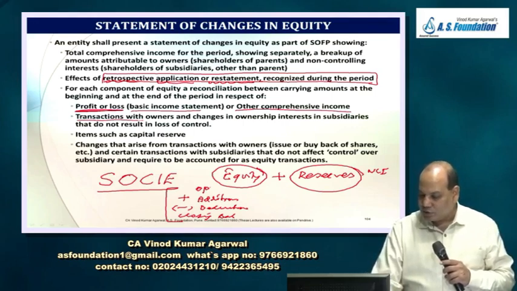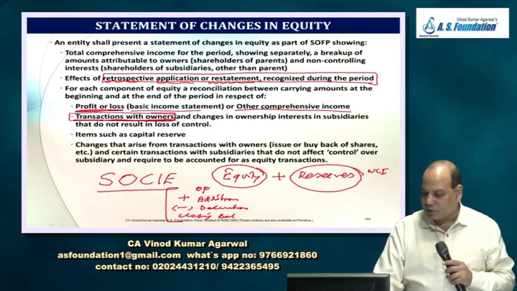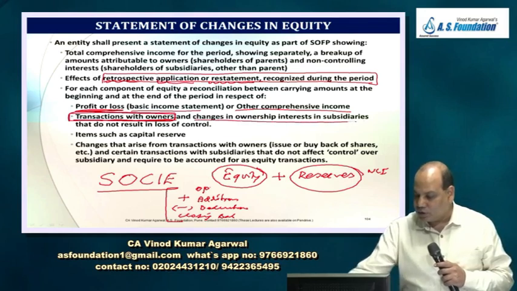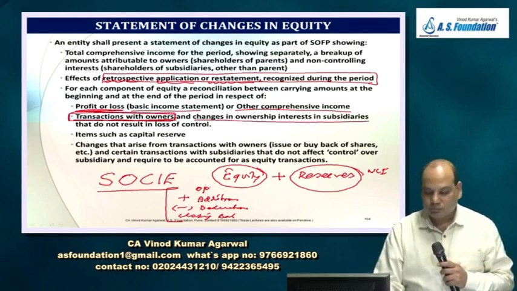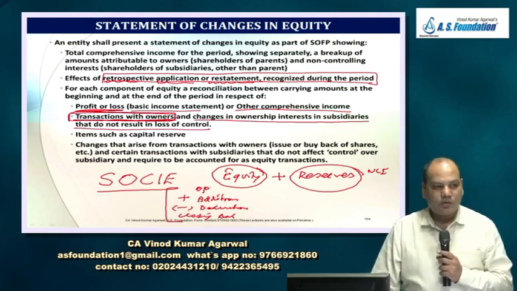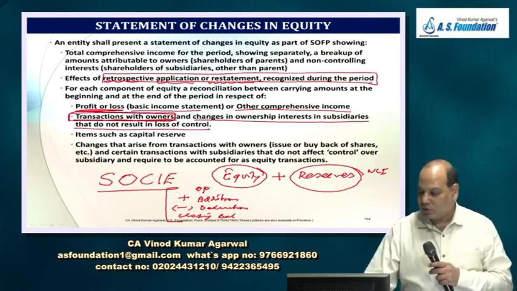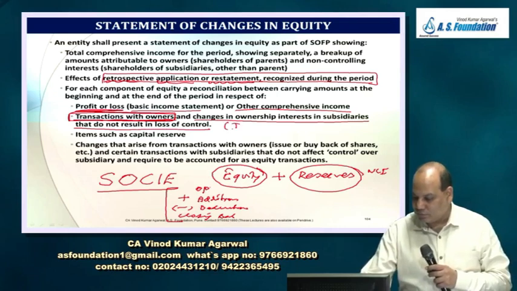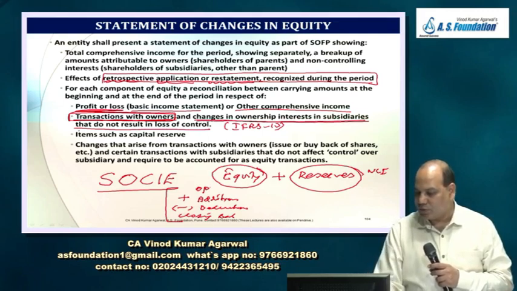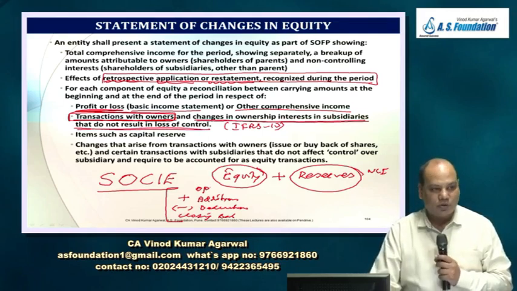If there is a transaction with owner, for example, issue of share, buyback of share, dividend, and change in ownership interest in subsidiary that do not result in loss of control. We'll discuss in one standard called IFRS 10. Change in ownership interest in subsidiary that do not result in loss of control.